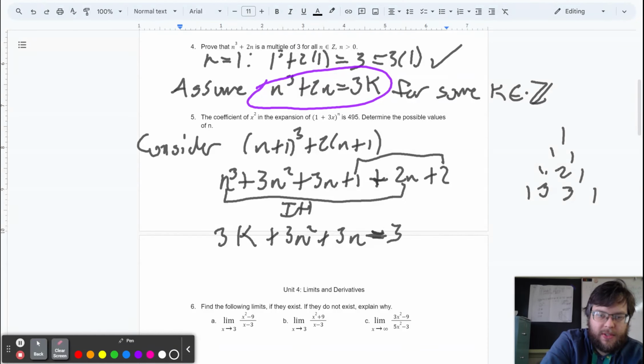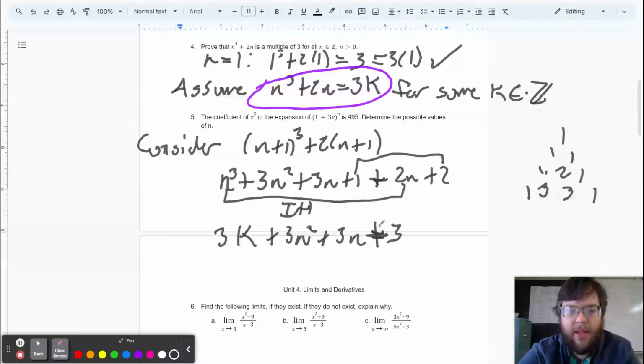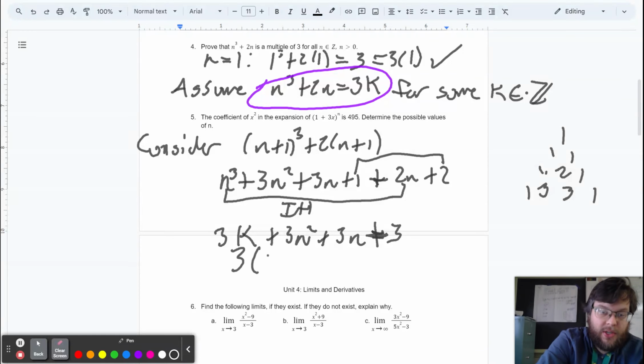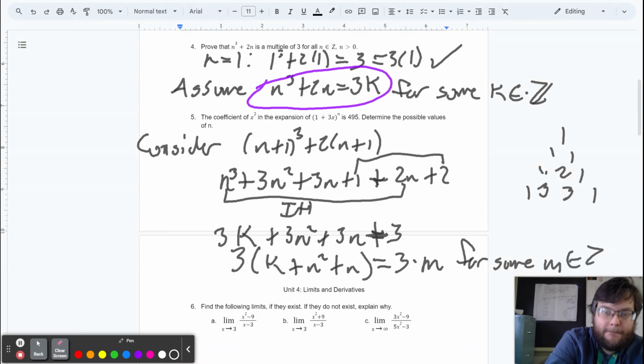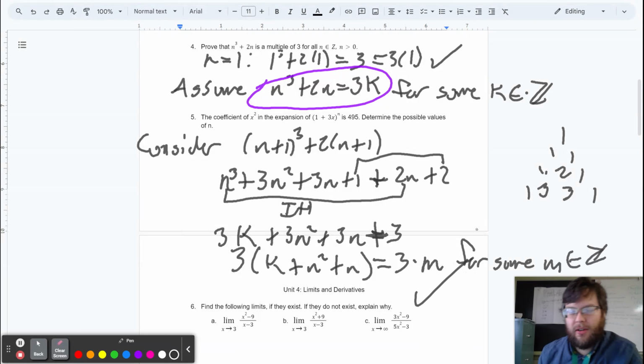So I have a plus 3 on the end for the constant term. And this is equal to 3 times k plus n squared plus n plus 1, which equals 3 times, let's just use another letter, m, for some integer m. So it is proved for all values of n. And that is an induction proof. n equals 1, induction hypothesis, consider the n plus 1th case.